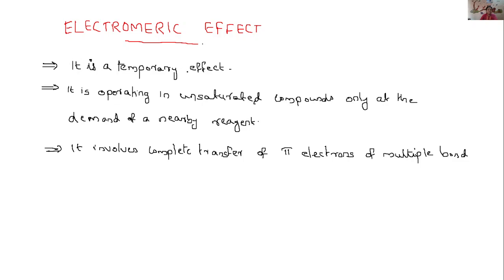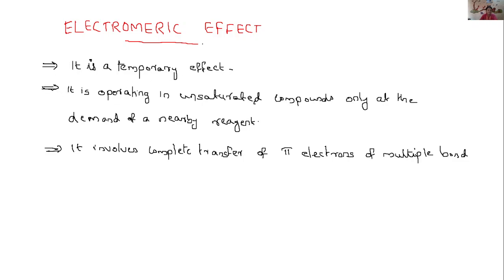First of all, it is a temporary effect. As you know, in inductive and mesomeric effect, both were permanent, is it? And here it is a temporary effect. That is the first point.